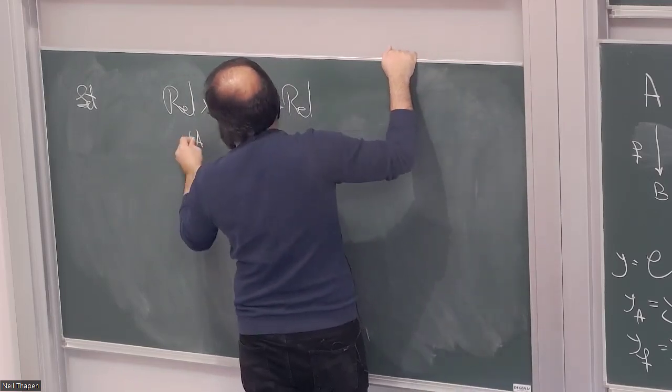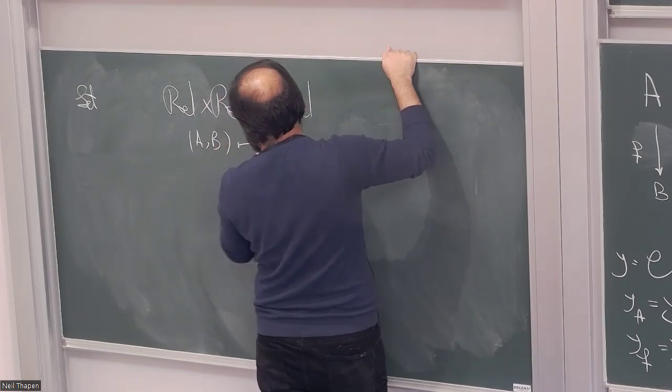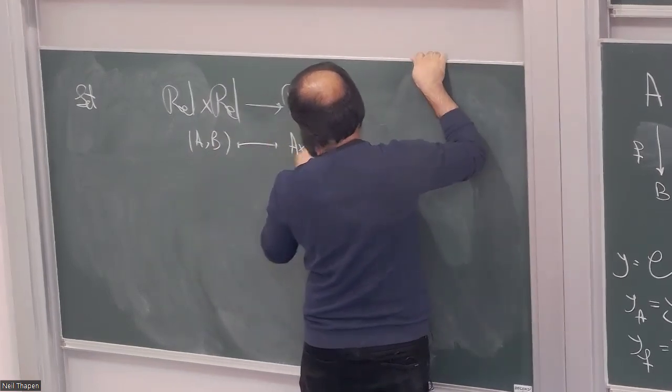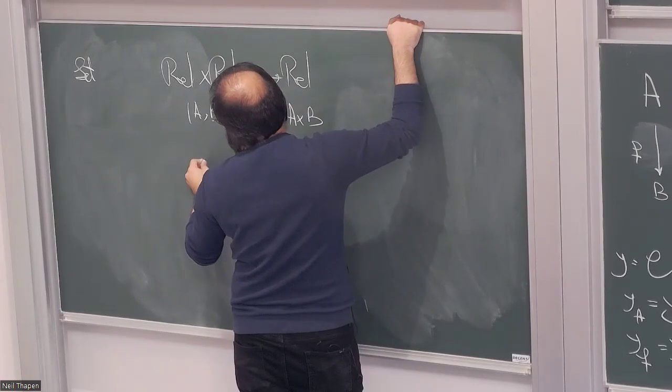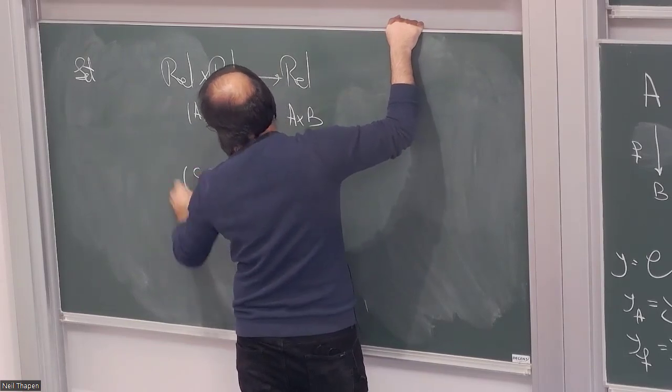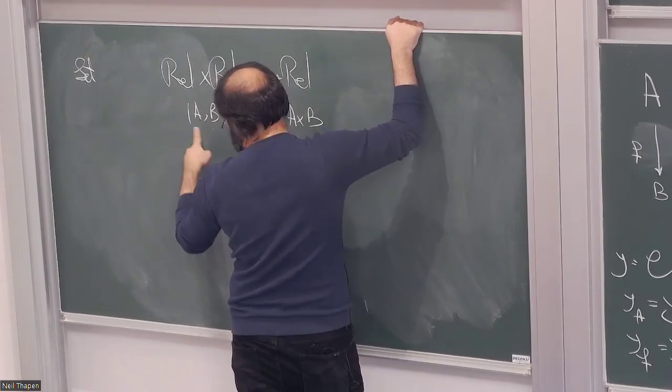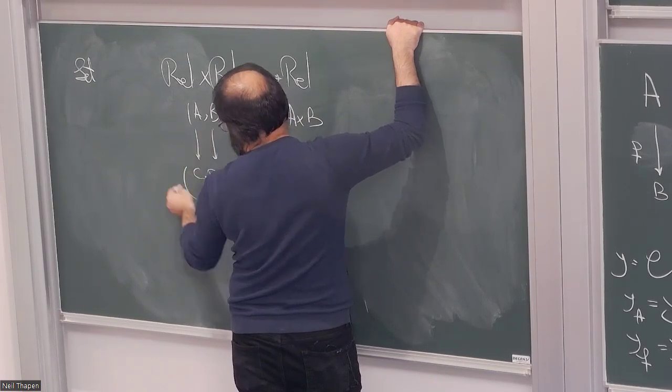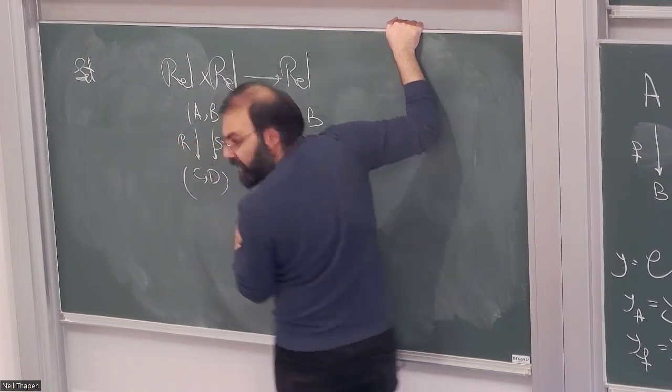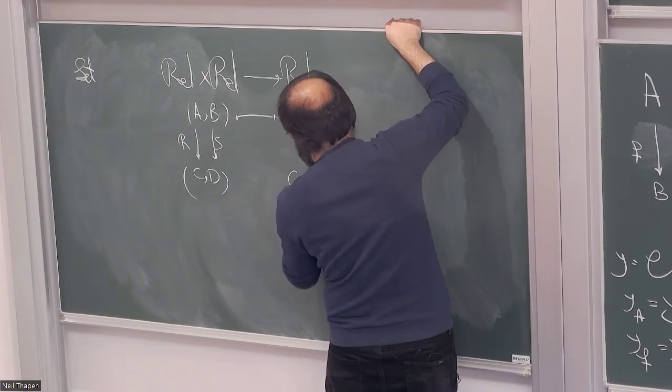So I read just a pair of two sets, and then just the Cartesian product. And if you have C, D with two maps, so any map here is just two maps, right? R and S as relations. So do just the pointwise thing.